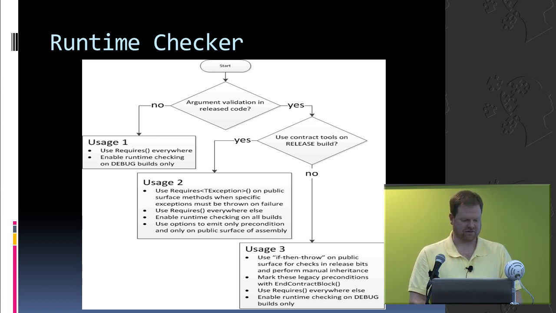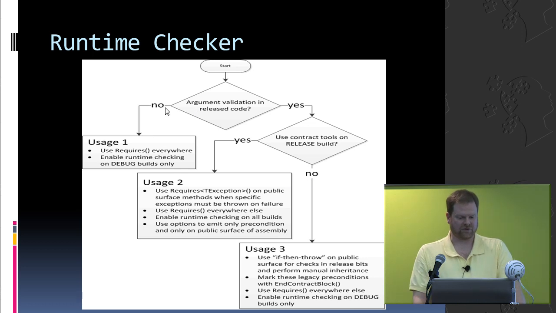So what this does is it helps you define, when I go into release, do I want the full contract argument validation in my release code? Do I want the runtime checker to go through and modify my MSIL with all this contract code?